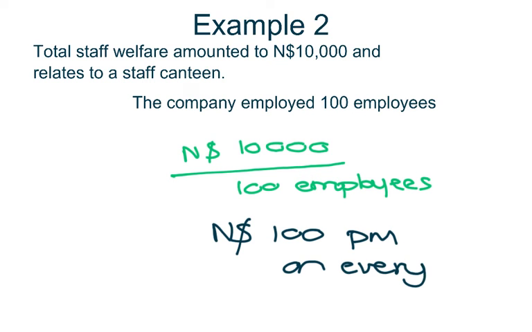And now you can determine how many employees are there in the different departments to then allocate the staff canteen or the staff welfare to the different departments.